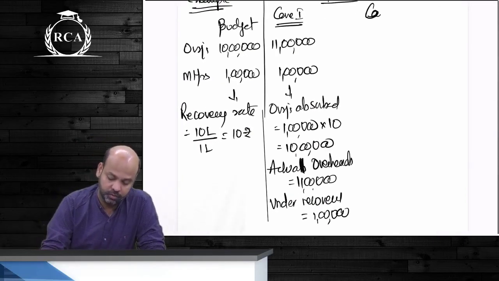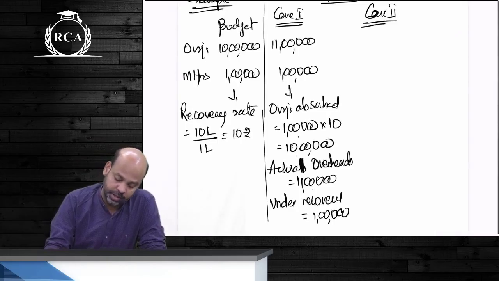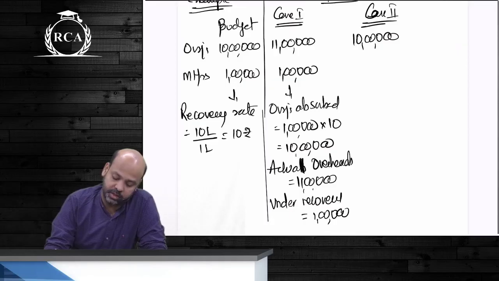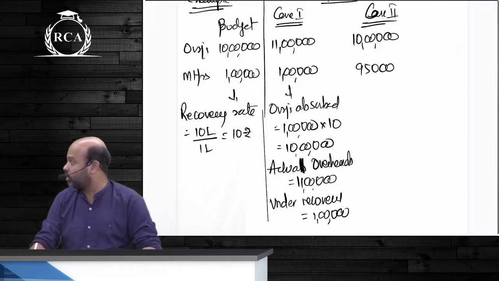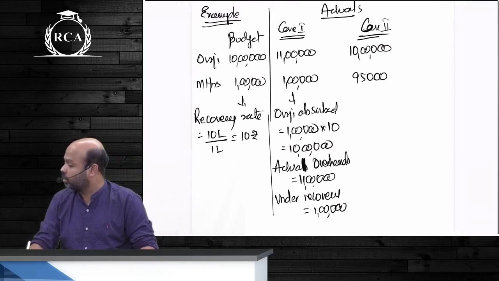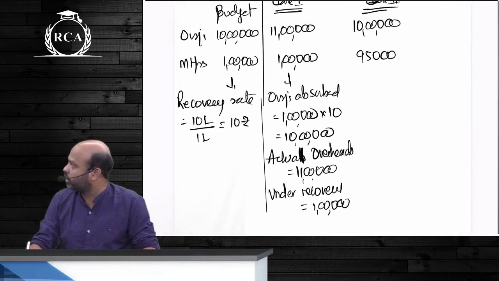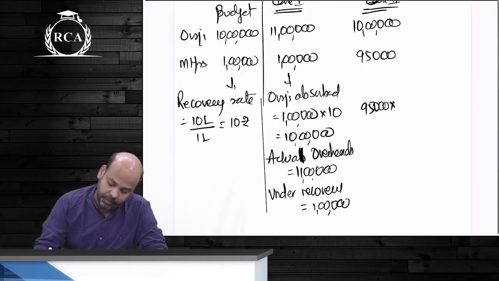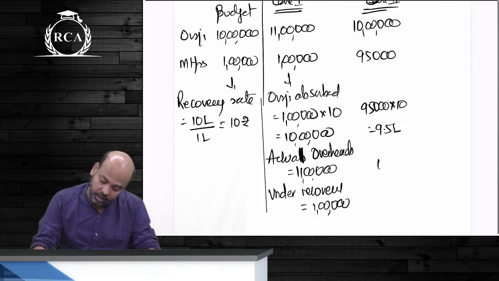Case 2. Amount of overheads incurred is 10 lakhs. Number of machine hours, beta, is 95,000. Now what will be the overheads absorbed? 95,000 multiplied by 10 rupees, 9 lakh 50,000. Overheads absorbed, beta, 9 lakh 50,000. How much are your actual overheads incurred? 10 lakhs.